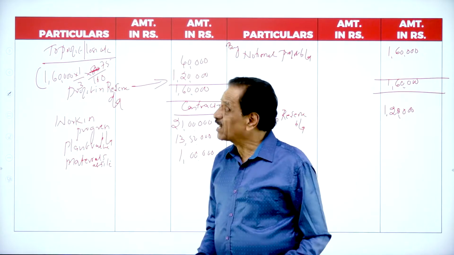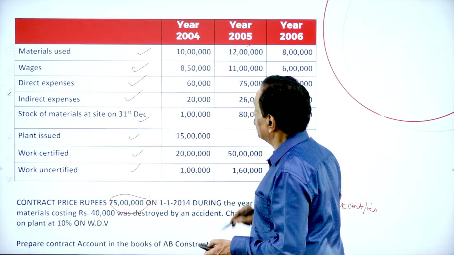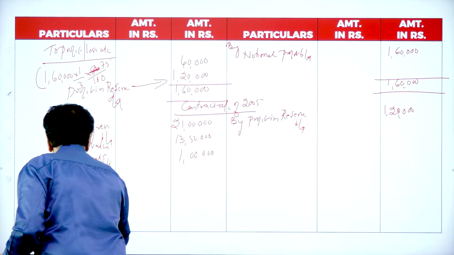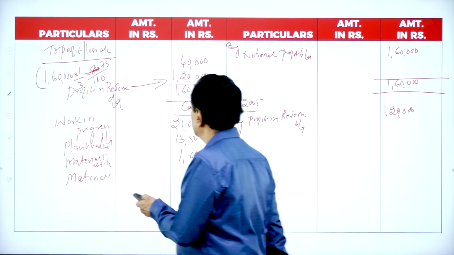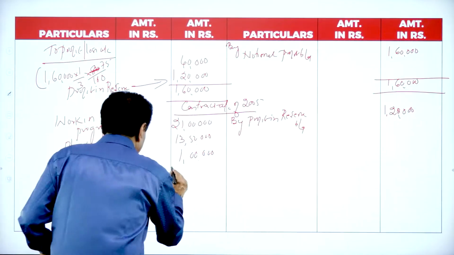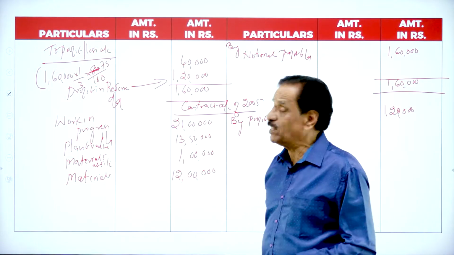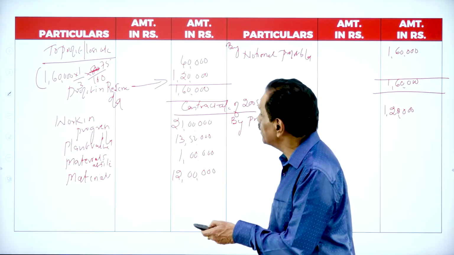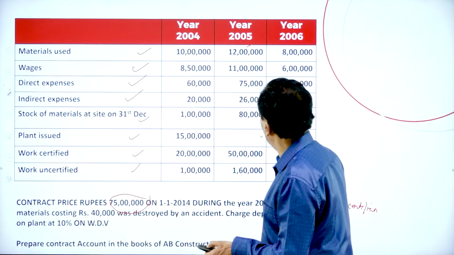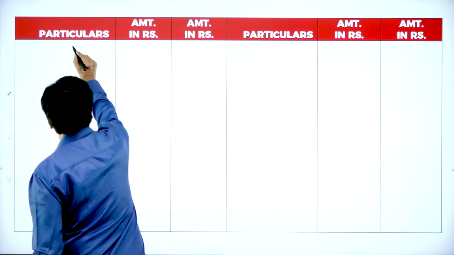Then you put the current year expenditure now. First one, 2005. To materials. What's the value? Materials, 12 lakh. What is the next one you got? After material, this is over. What's wages? Wages, 11 lakh.